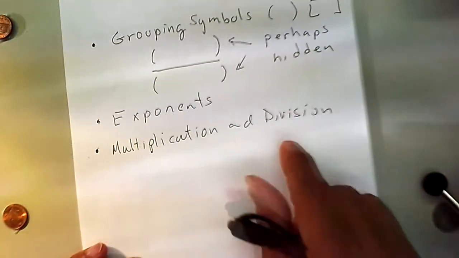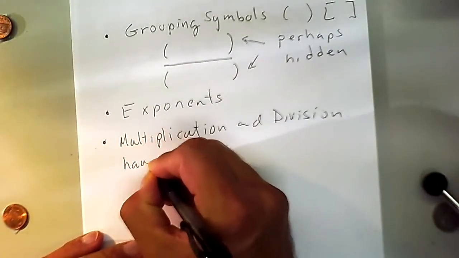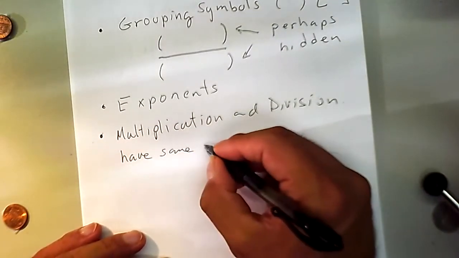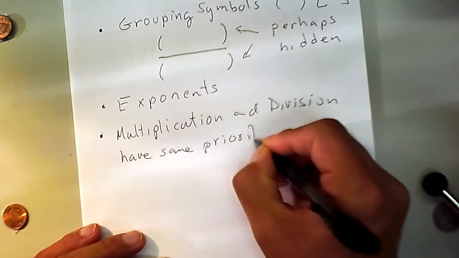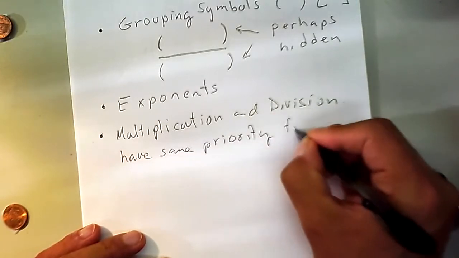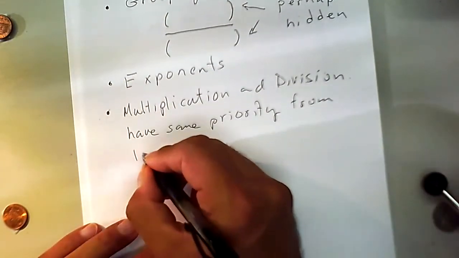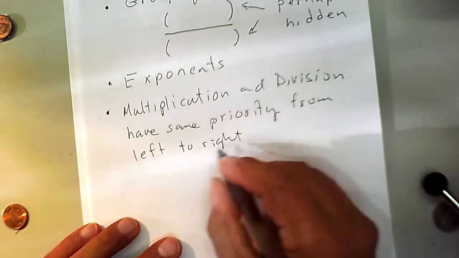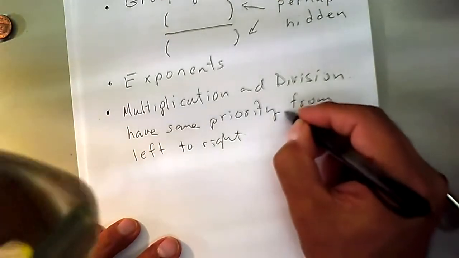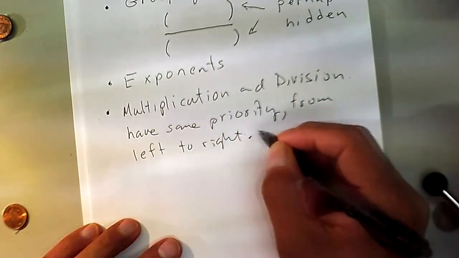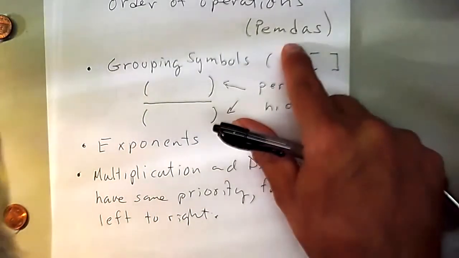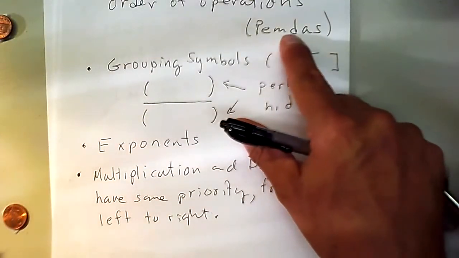So multiplication and division have same priority from left to right, though. Whenever there is a competition between the two, we have to go from left to right. All right, so that is the M and D of PEMDAS.